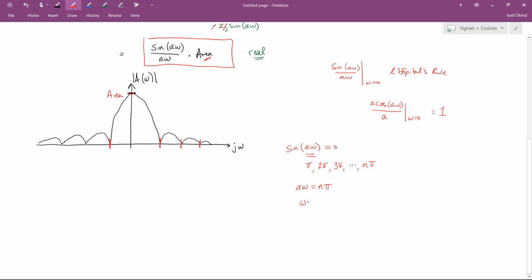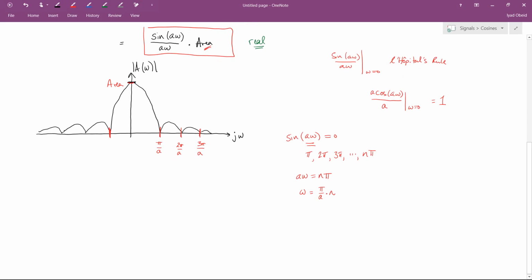And that occurs at frequency of omega equals pi over a times n. So this is pi over a, 2 pi over a, 3 pi over a, and so on.